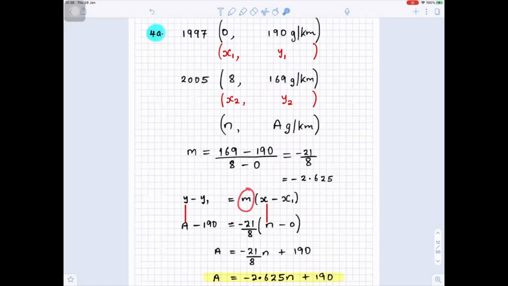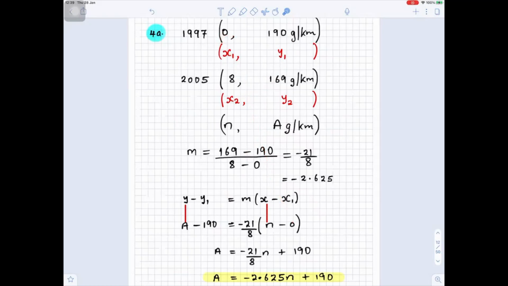The gradient is minus 21 over 8. N represents our X now, and 0 in 1997. So we use 190 in 1997 for Y1, and 0 for X1.